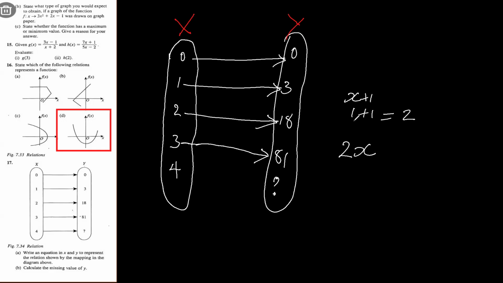Now, if I try 0, 0 by 2 is 0. So the first one is okay. But if I try 1, 1 by 2 is 2. So this doesn't work.